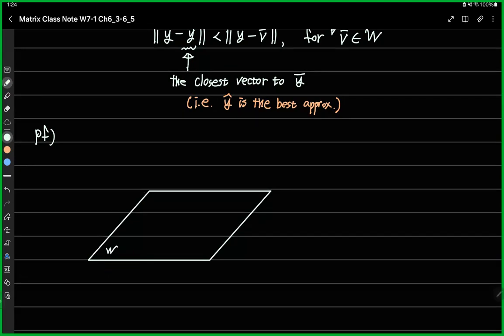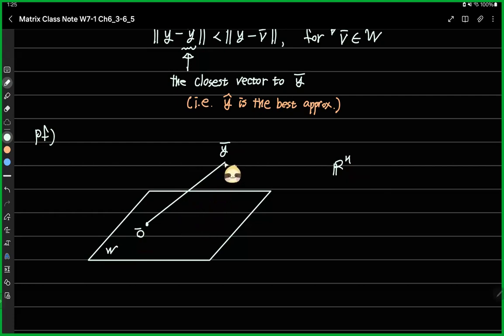Let me think about the R3 space. I know this looks like a plane, but assume that this is Rn space, and W is a subspace of Rn. Let's say this is vector Y, kind of a position vector, with the zero vector right here.